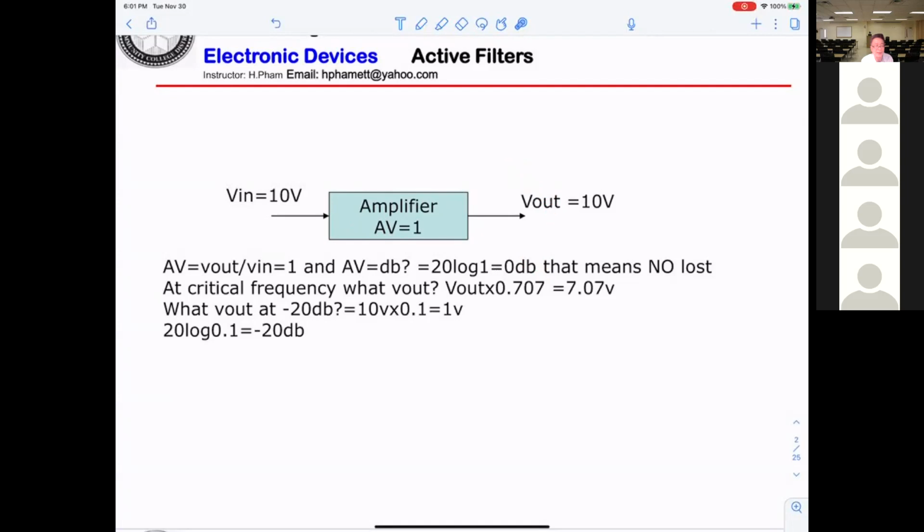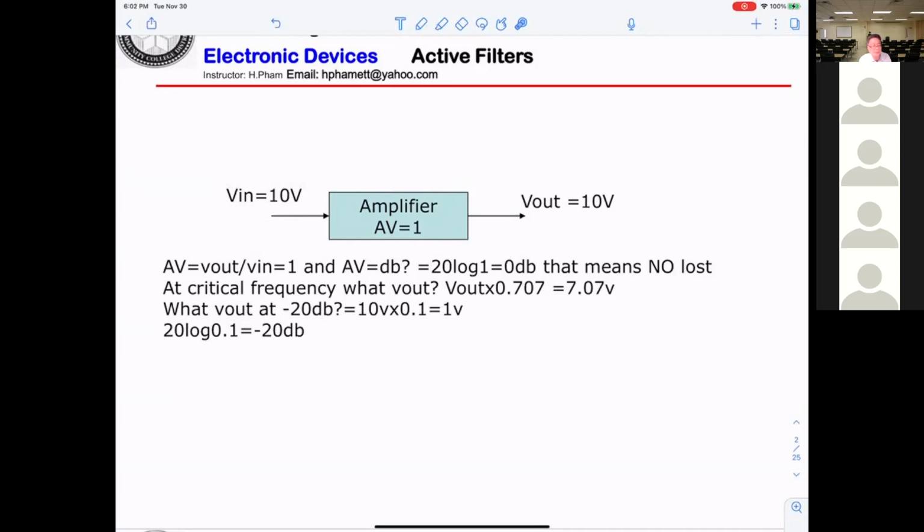Okay, then now they ask at the critical frequency, what is the V out? Try to memorize critical frequency. They can also call this the break frequency, or the corner frequency. They have different names, but they are the same thing.